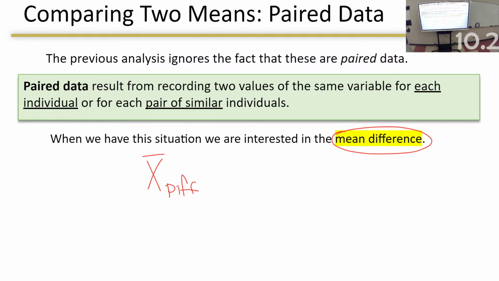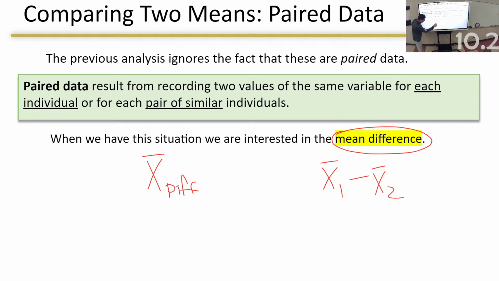That is different than what we were doing earlier, because we weren't doing the mean difference. We were doing the difference of the means. That's the difference of the means.